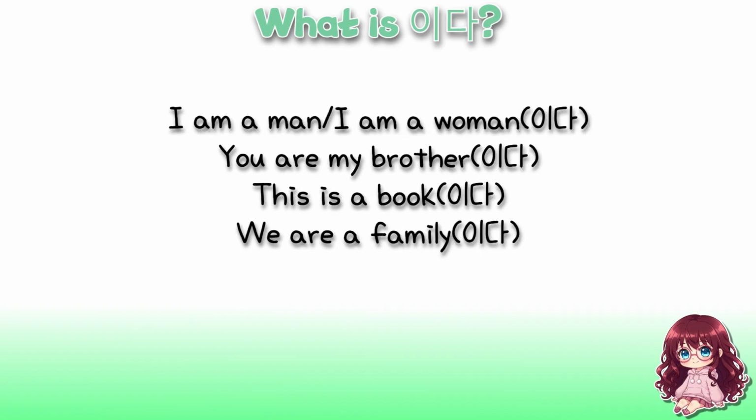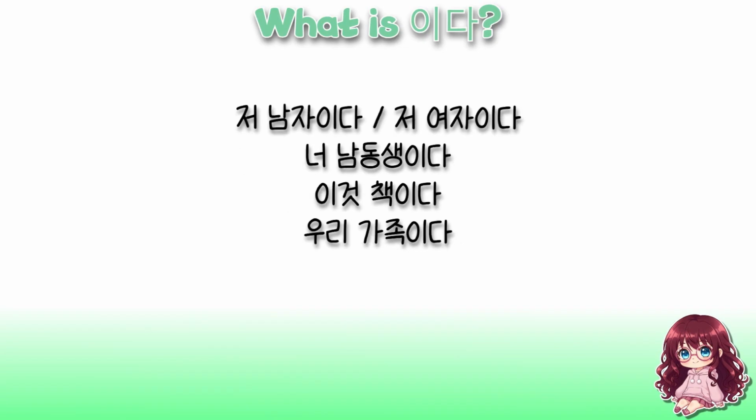Ida would attach directly to the end of our nouns at the end of the sentence, unlike normal adjectives or verbs which go at the end and are spaced. The sentence would be 저 남자이다. 저 여자이다. 너 남동생이다. 이것 제 끼다. 우리 가족이다.